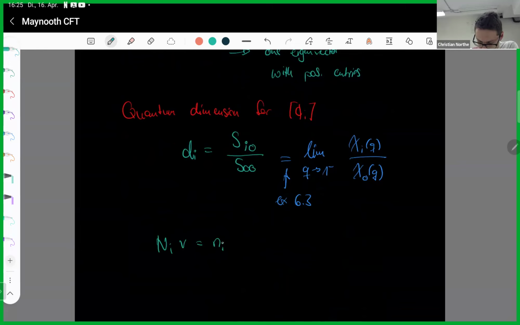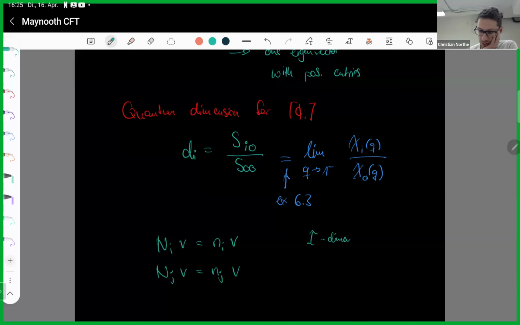So there's going to be some eigenvalue for V. So V is an eigenvector, and J, let's apply to the same eigenvector, has an eigenvalue Nj, and you have, so the eigenspace of these matrices is going to be I-dimensional.